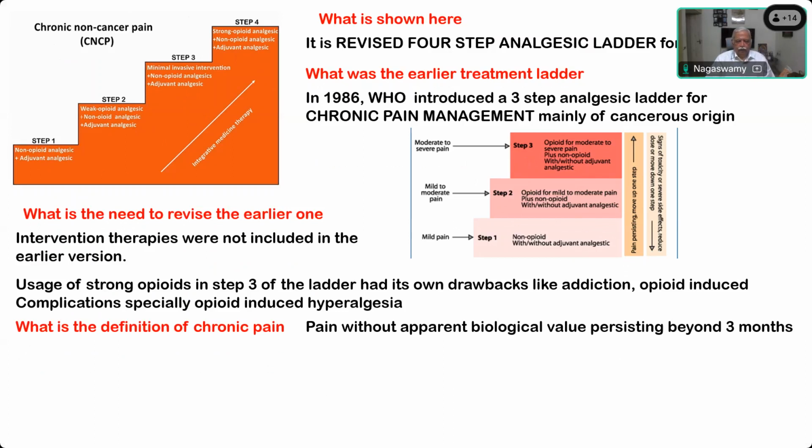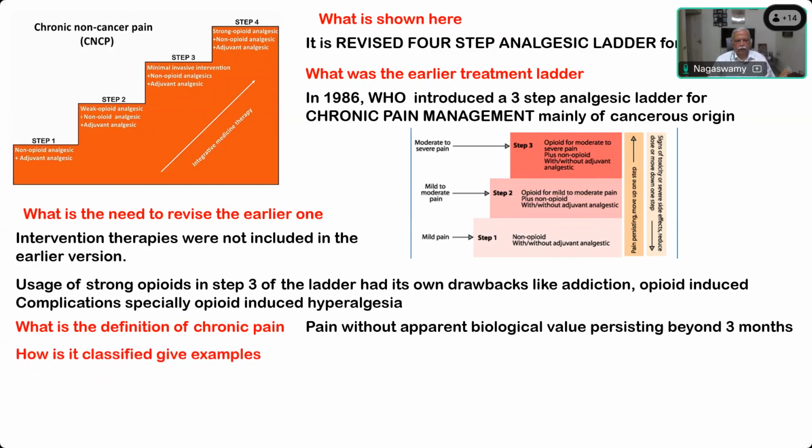So the normal pain that we suffer from a trauma or other condition is indicative of something wrong in the body, and it is considered a protective phenomenon with biological value. But if you have a pain where there is no biological value and it persists beyond 3 months, it is called chronic pain. So how is this classified? Give examples for each.